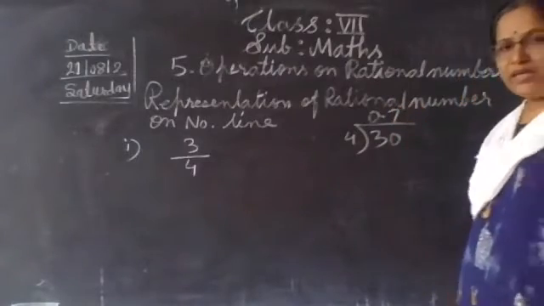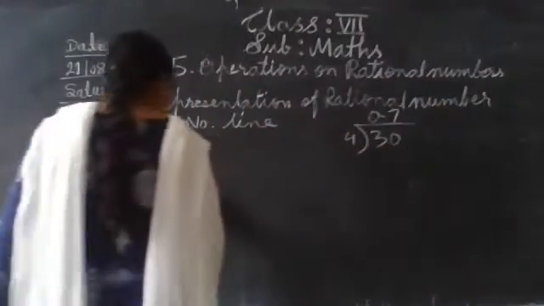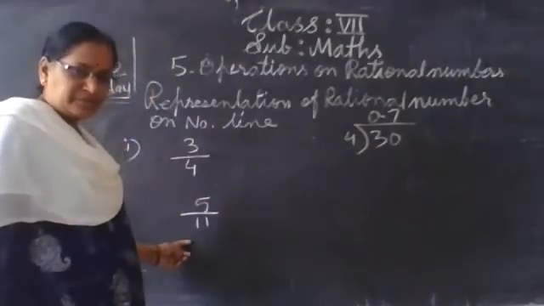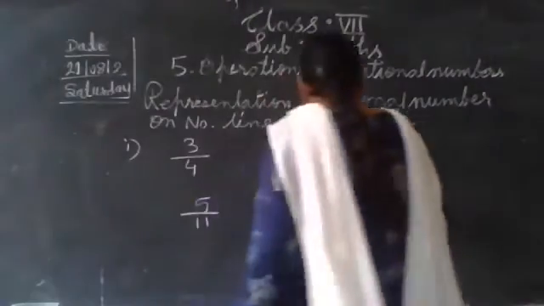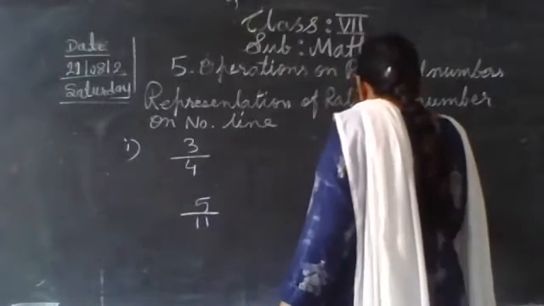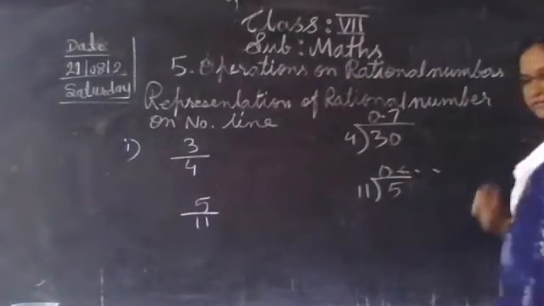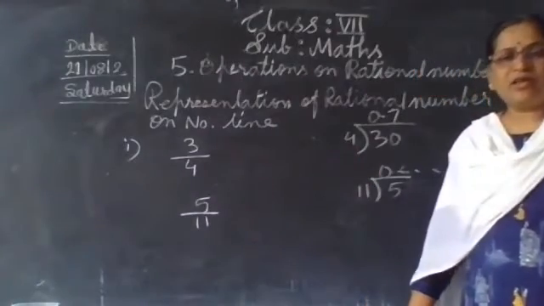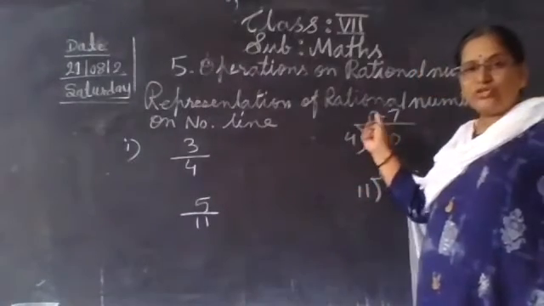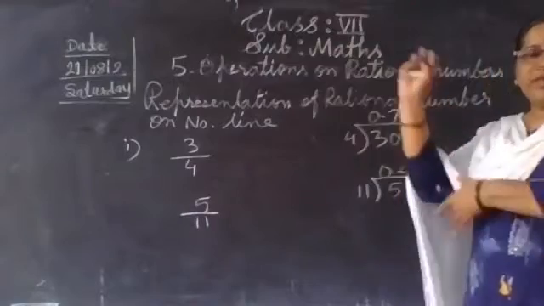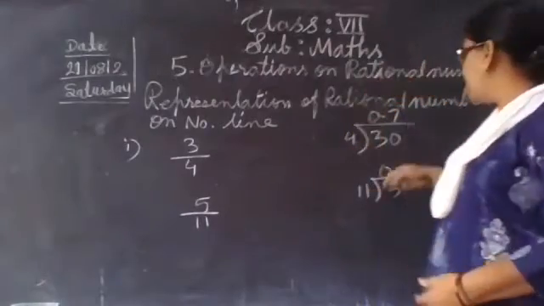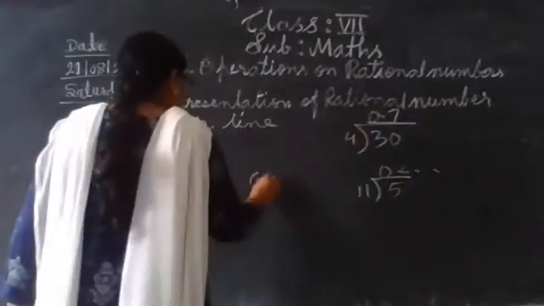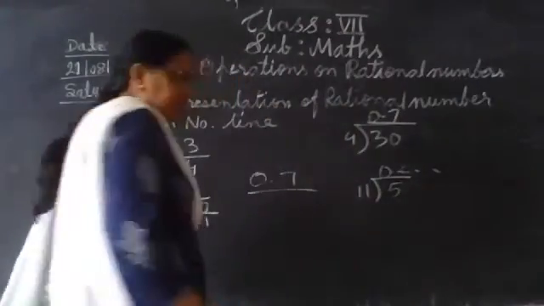Or you can take any proper fraction, for example, 5/11. Numerator is smaller than denominator. So if you divide 5 by 11, always you get 0 point something. Means if you divide any proper fraction, always you get the quotient 0 point and something. Okay, that means what is the meaning of 0.7? 0.7 means what, beta?